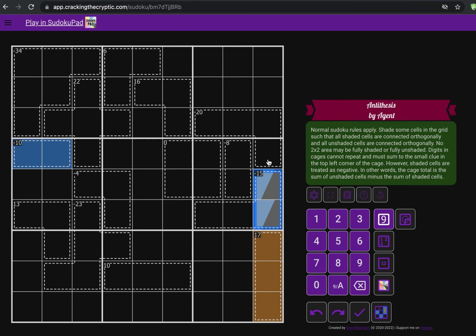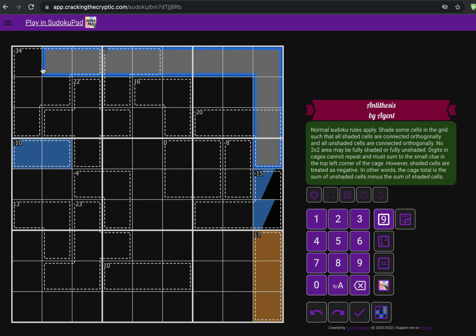Which means that all of these here must be cold, and also this one here itself must be cold, because, well, it can't be hot, because if it was hot then this would have to be hot as well.